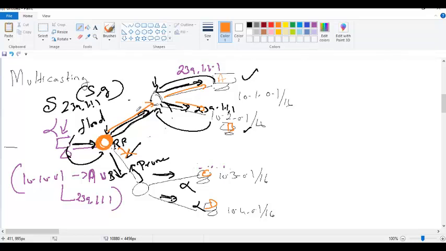Fine. Now, what are all the things involved in this multicasting? Number one, to join the group, I told you, you need IGMP. Now, to carry the multicast traffic over the links in the path, you need PIM, Protocol Independent Multicast.